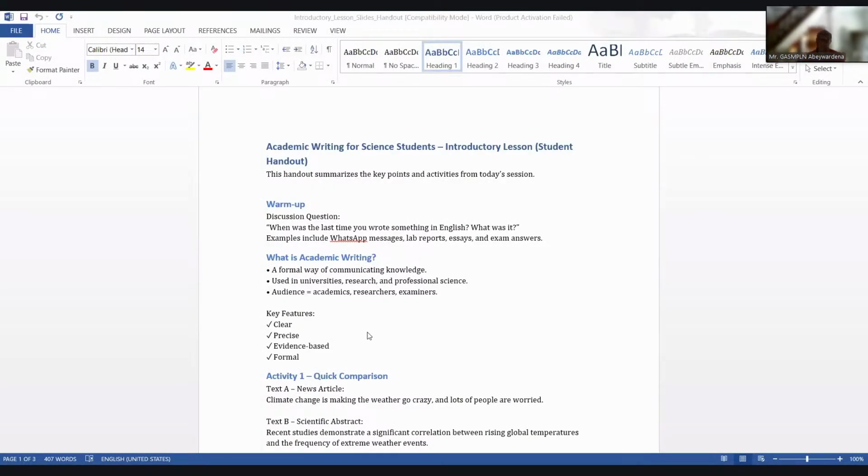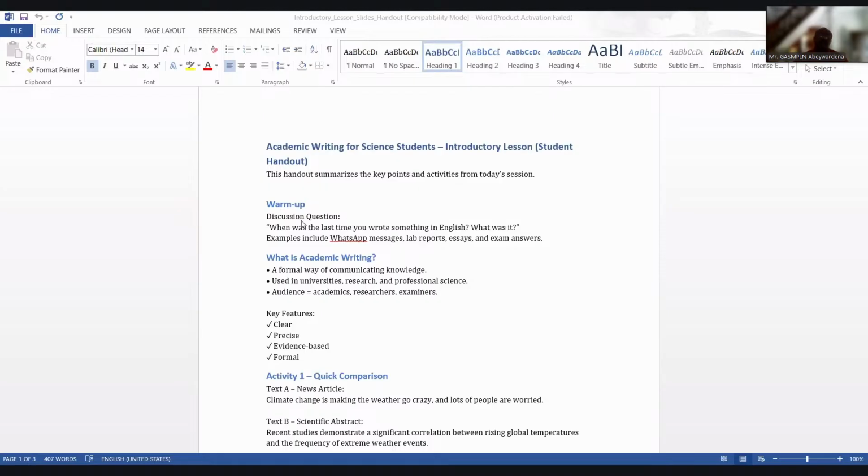Right. Now look at this. Now you learn something about academic writing. We'll discuss further using this handout. Look at this. What is the purpose of this handout? Summarizes the key point and activities from today's lesson.